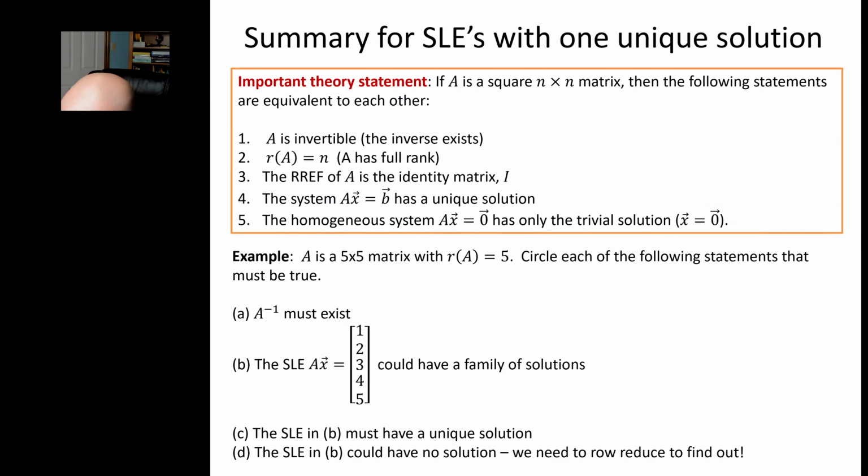I'll write that down. [A | I] goes to [I | A inverse].